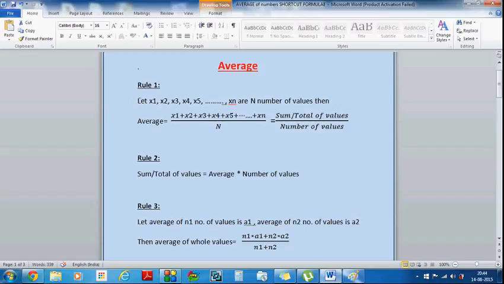What is his average mark? We first add 60 plus 70 plus 50 and divide by 3, the total number of subjects, since there are 3 subjects: mathematics, science, and English. So the average will be 60 plus 70 plus 50 by 3, and the average will be 60.